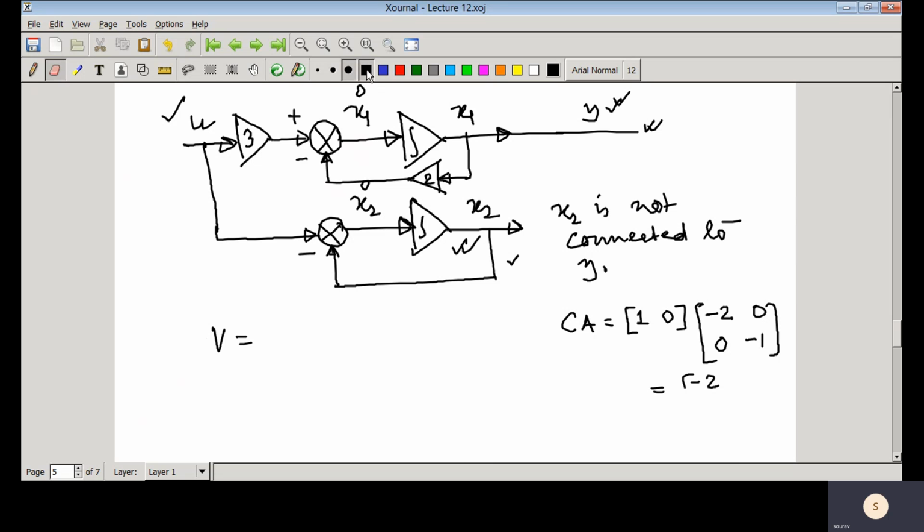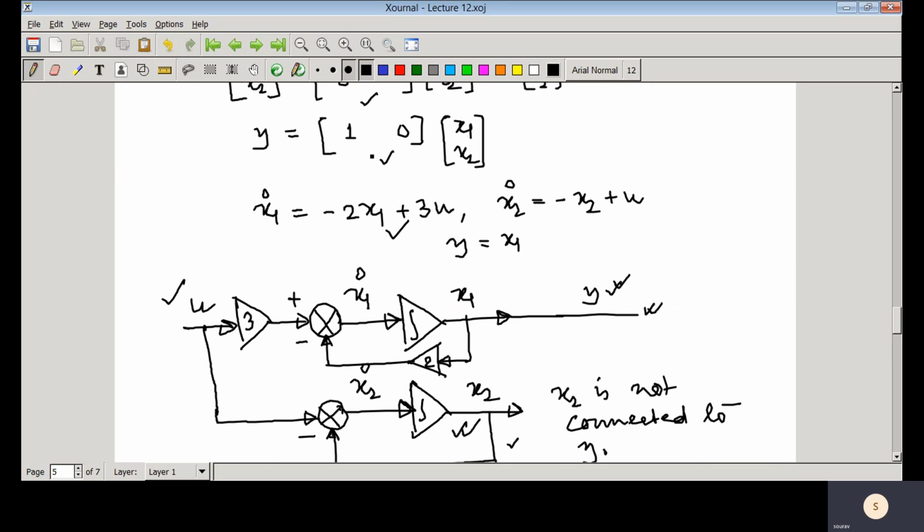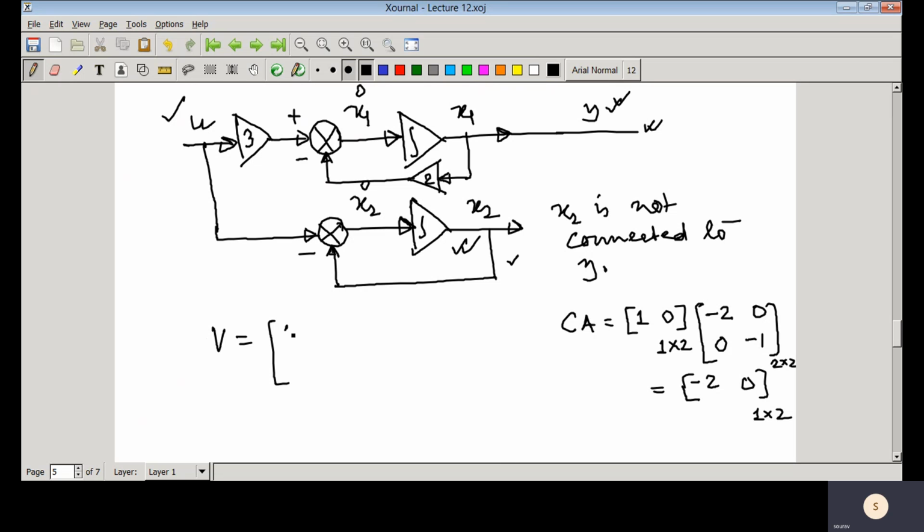It is a 1 cross 2 times a 2 cross 2, so it should be a 1 cross 2 matrix. So first you write C, that is [1 0], and then CA, that is [-2 0].